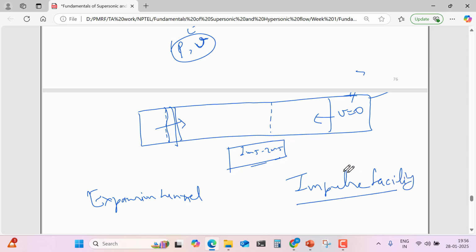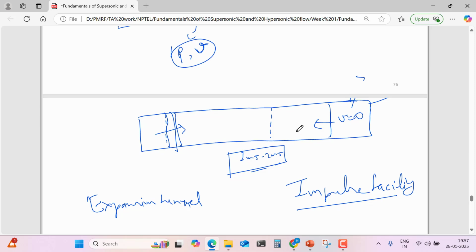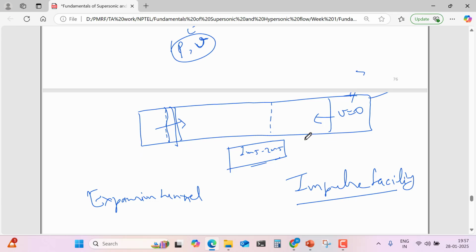Impulse facilities work for a very short duration, and we generally use them because, if you see in the re-entry flow, temperature can go as high as 10,000 Kelvin, but it is very challenging to make any tunnel which is structurally strong enough for that temperature for a long time.